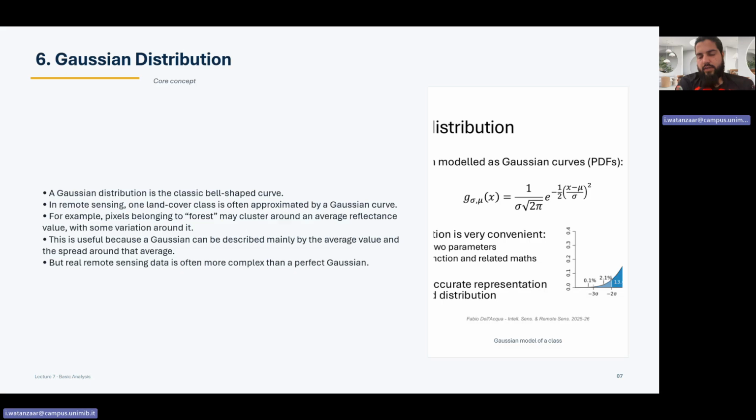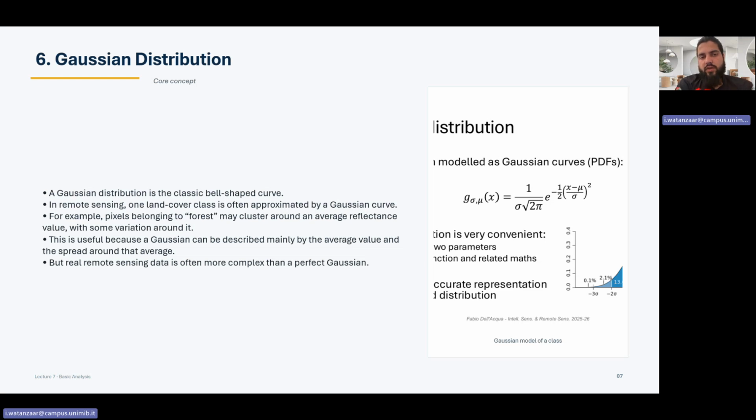Some variation around it means that around the forest we can see bare soil, water, roads, buildings, commercial areas, and different residential blocks. This is exactly the variation around it. This is useful because a Gaussian can be described mainly by the average value and the spread around that average.